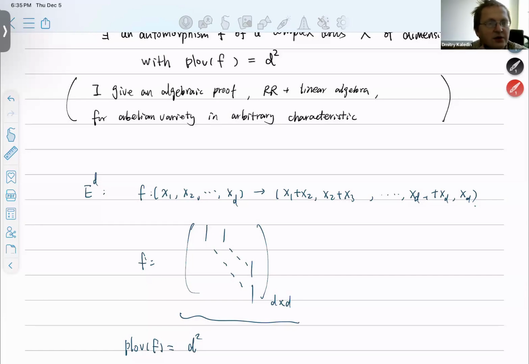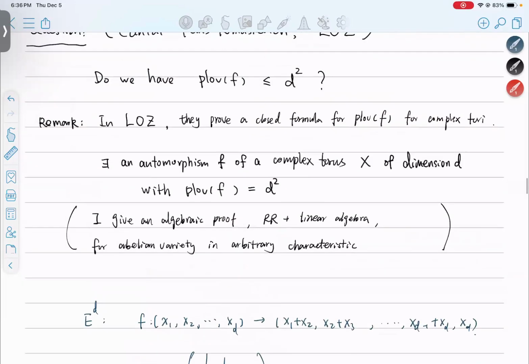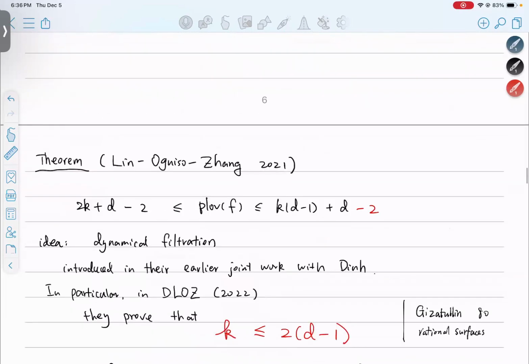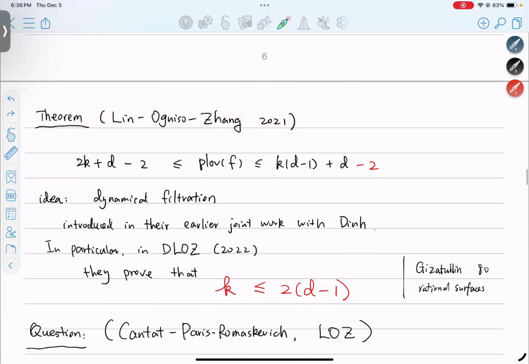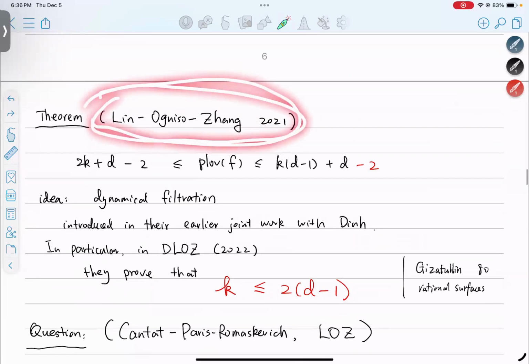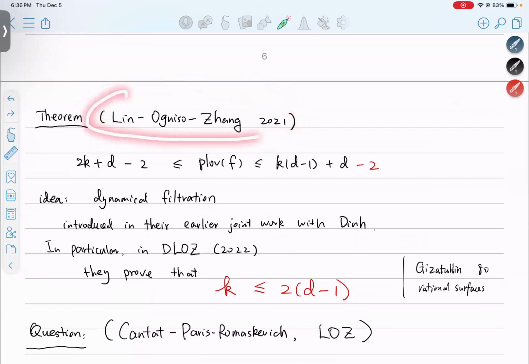I understand this. And what happens if you ignore all varieties except for rational ones? What do you know about the bounds in this case? So if I remember correctly, they want to construct some examples such that Plov f is maximum, like d squared.